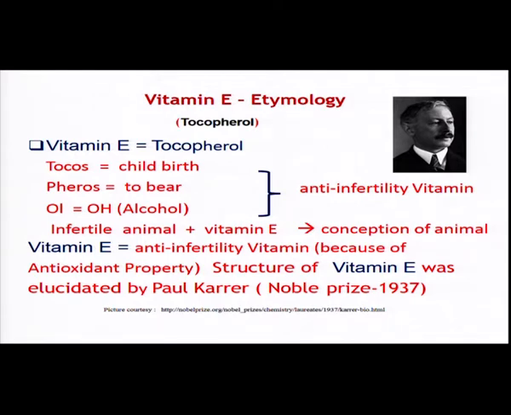In fact, with sufficient supply of vitamin E, the sterility status of these rodent models was reversed and they would be able to reproduce well, and their role in terms of healthy skin texture was also tremendous.